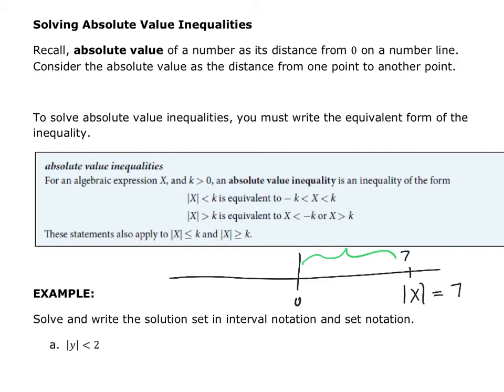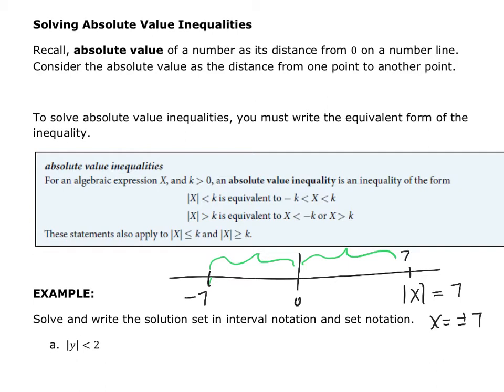And then, of course, I would also get negative 7 because it also has a distance of 7. So if the absolute value is equal to 7, then my solution is going to be x is equal to positive and negative 7, because both of those are going to give me a distance to 0.